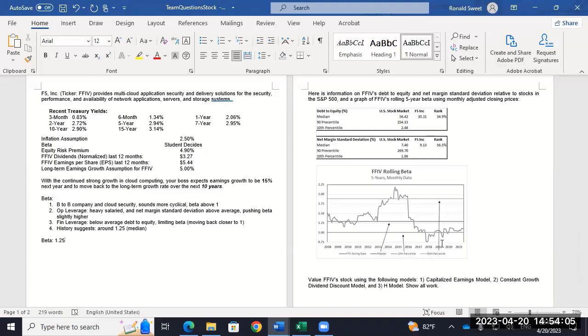So what did y'all end up using? 1.2 would be reasonable. 1.1, a little bit lower. He went more with the last part. 1.1, yeah, you're a little bit lower than mine. 1.25, and then 1.1.